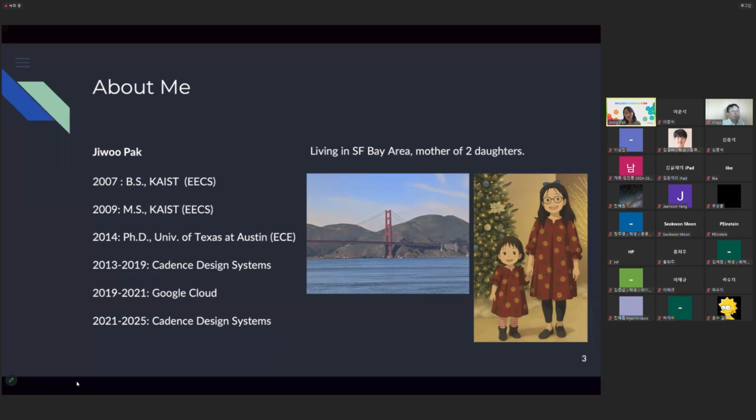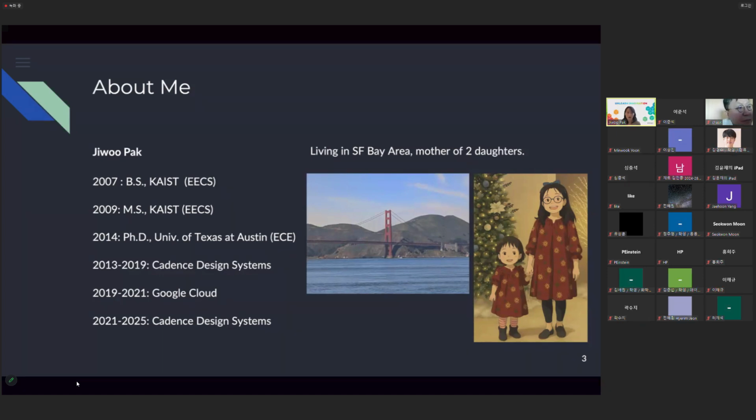And after that, I had an opportunity to work as a software engineering intern in Cadence Design Systems, the current company. And since then, I worked in Cadence Design Systems. During COVID, coincidentally, from 2019 to 2021, I had a chance to work in Google Cloud.